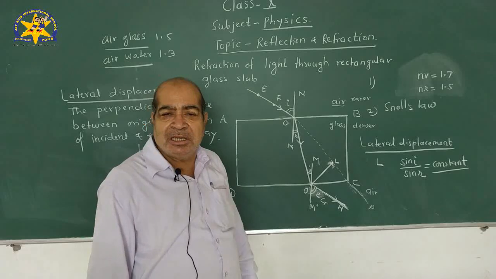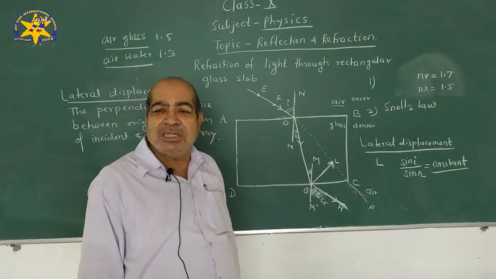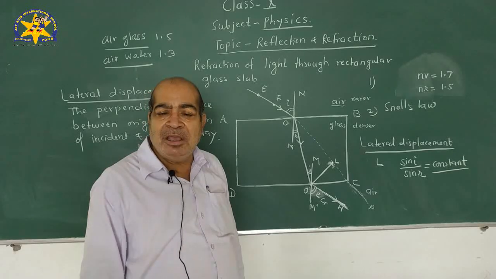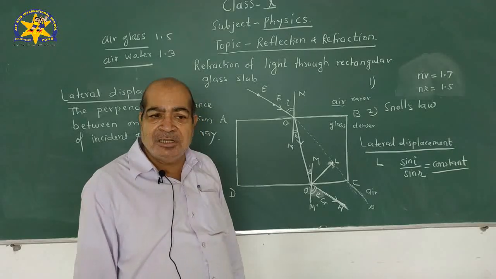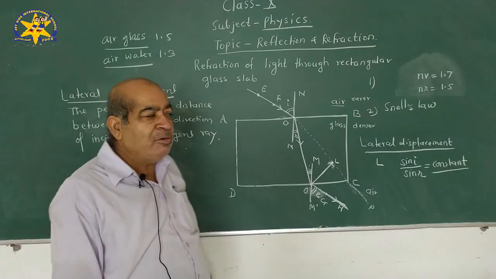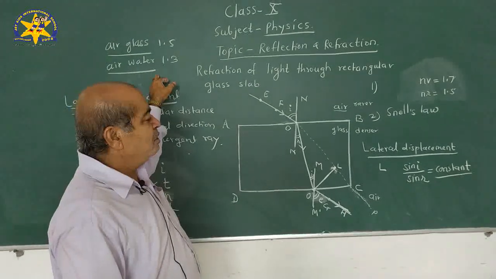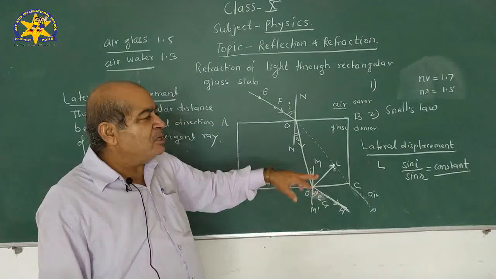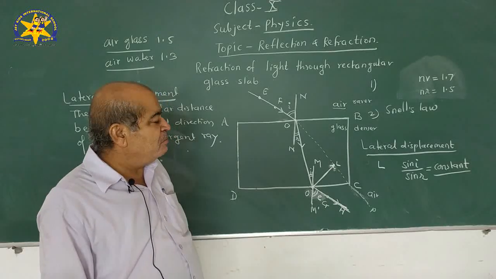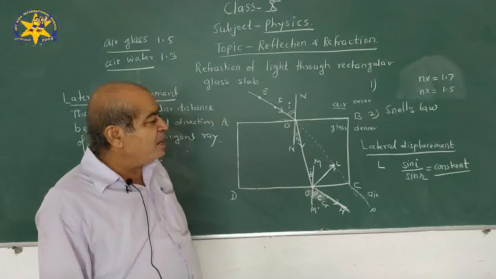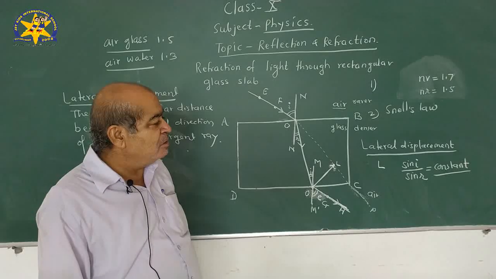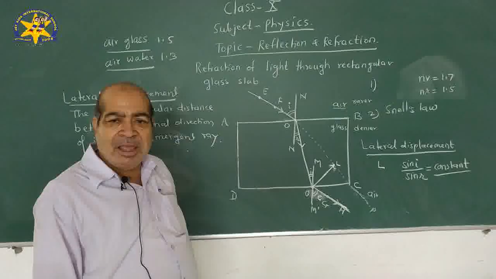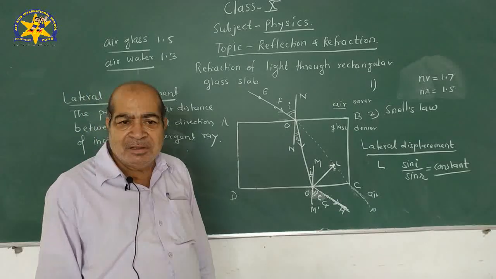The second law states that the ratio of the sine of the angle of incidence to the sine of the angle of refraction is constant for a given pair of transparent media and for a given color of light, and this constant is the refractive index of the medium. Therefore, sin i divided by sin r is equal to a constant, where i is the angle of incidence and r is the angle of refraction. Thank you.